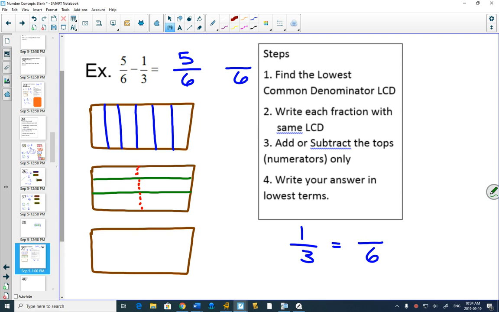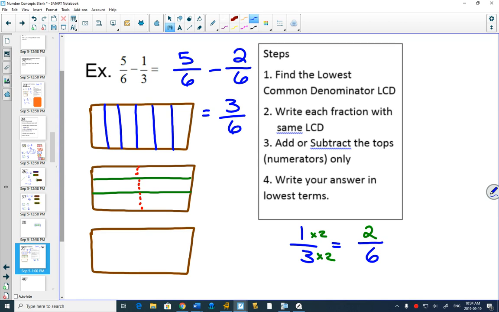And so if I can multiply this by 2 to get 6, I can multiply this by 2. And now the idea is we had 5 pieces, we ate 2 pieces, we have 3 pieces left. And we get a fraction that's 3 over 6.